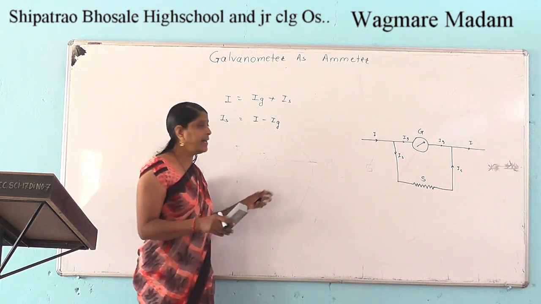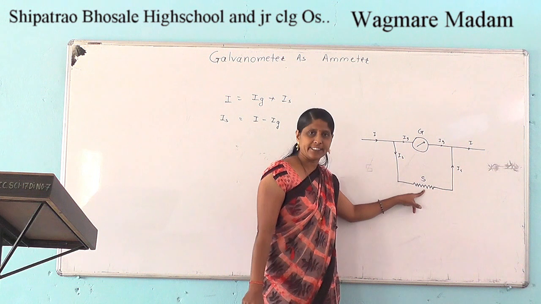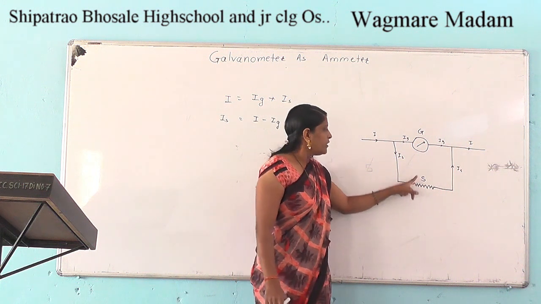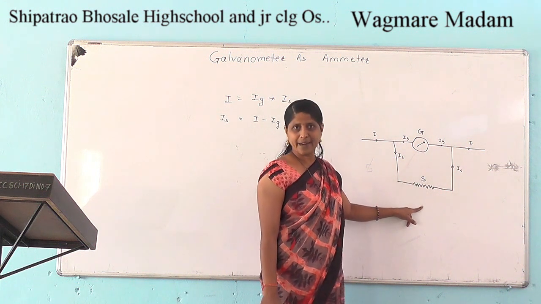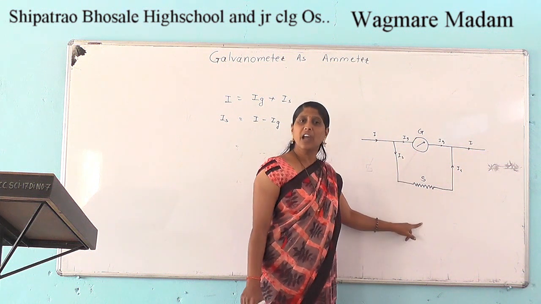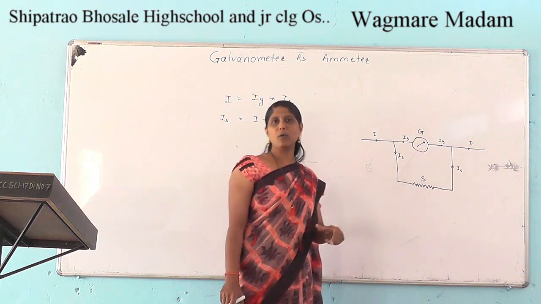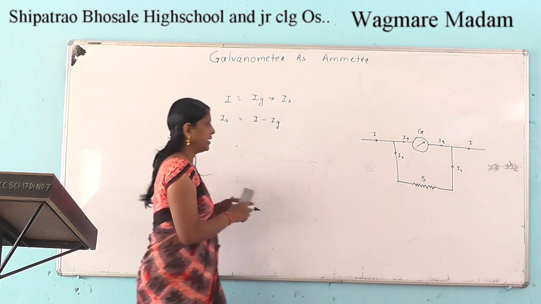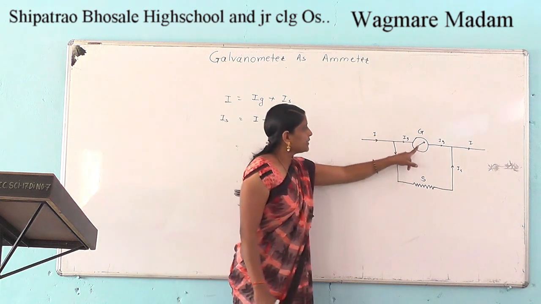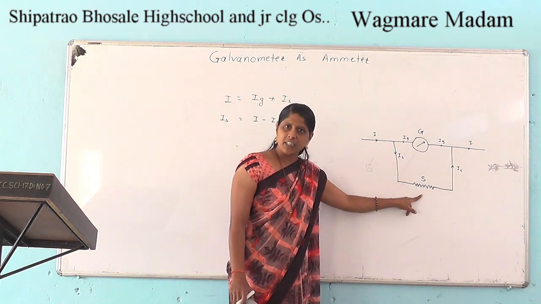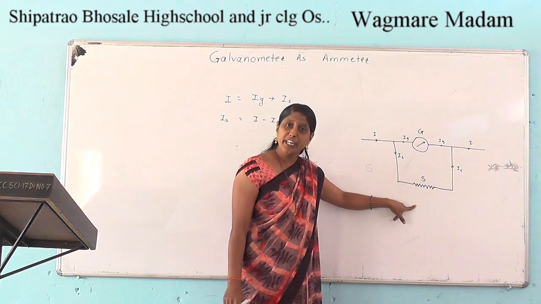Now we have to find the value of S. How much shunt S can be connected in parallel with the galvanometer to convert the galvanometer into an ammeter. Now this galvanometer and this shunt are parallel to each other.